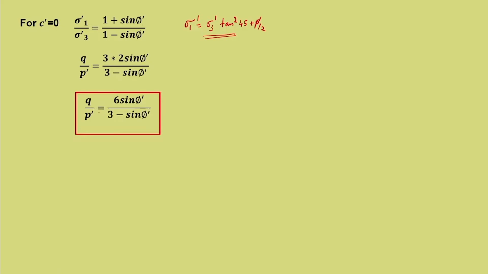So, the slope of the failure envelope will be Q by P dash is equal to 6 sin phi dash by 3 minus sin phi dash. Remember, this is for the case of compression. Now, the same can be obtained for extension as well, that we will see later, maybe as a part of assignment. For the time being, this is only for compression.